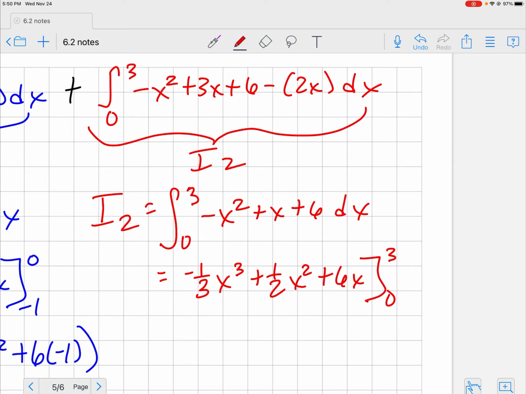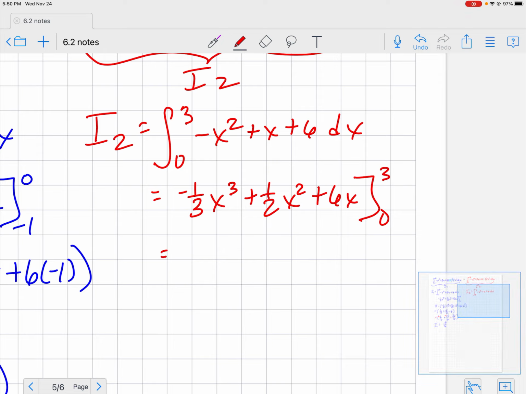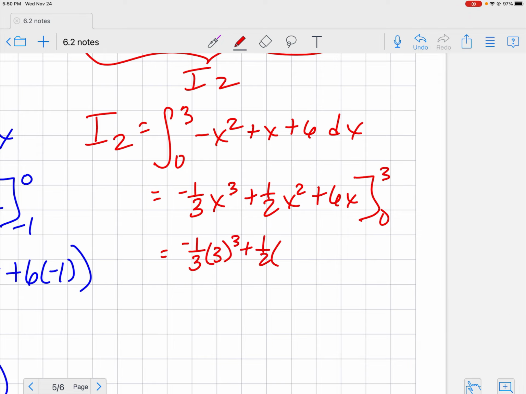And I'm going from 0 to 3. So I've got a negative 1/3, 3 cubed, 1/2, 3 squared, 6 times 3. And again, if I plug a 0 in for all those terms, we will be subtracting 0.